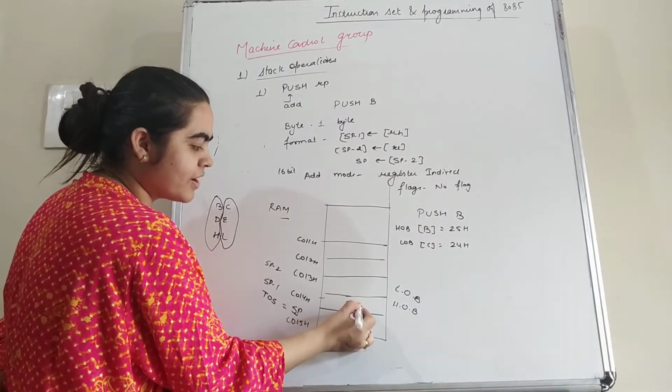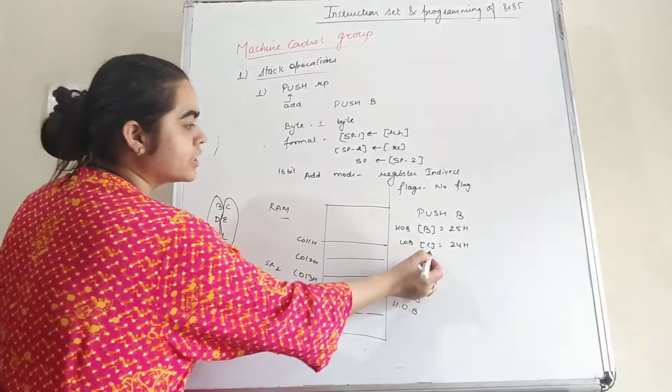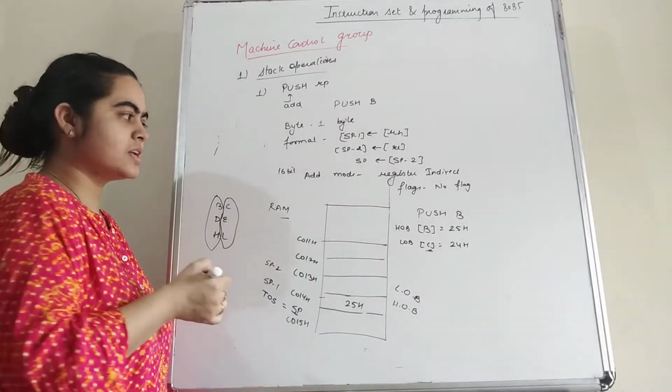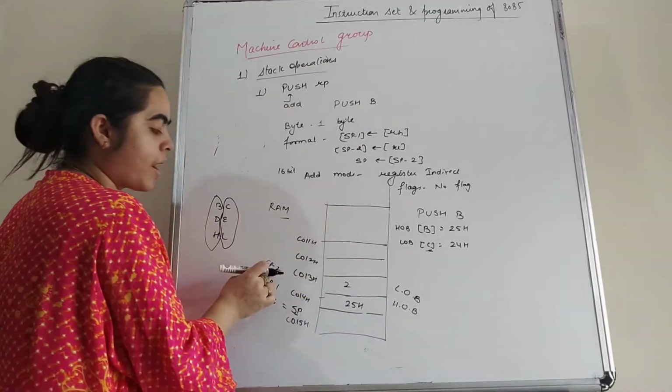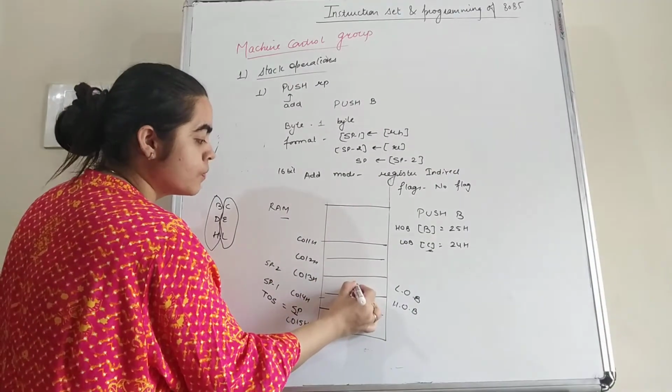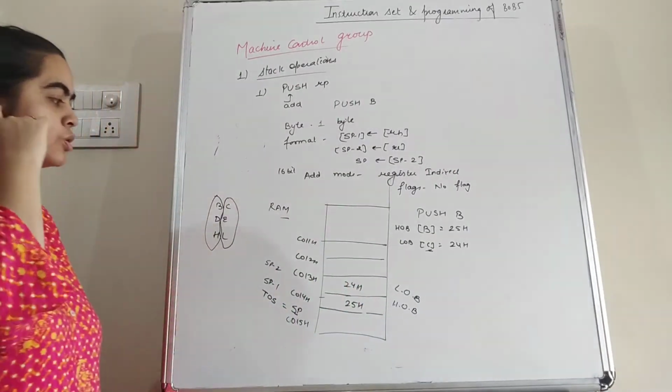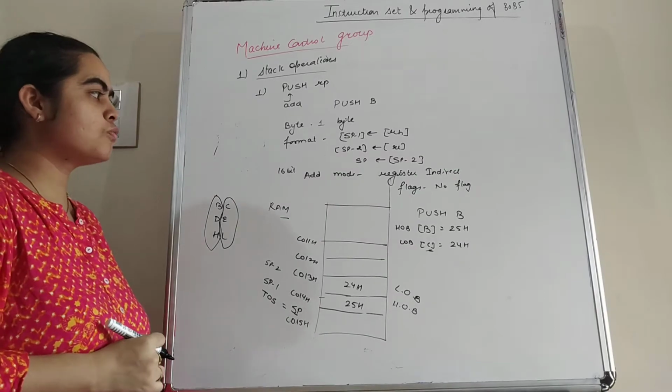So 25H will be pushed here, and after that the lower order byte, that is in the C register, will be pushed into the memory location SP minus 2. So 24H will be pushed into the memory location C013H.